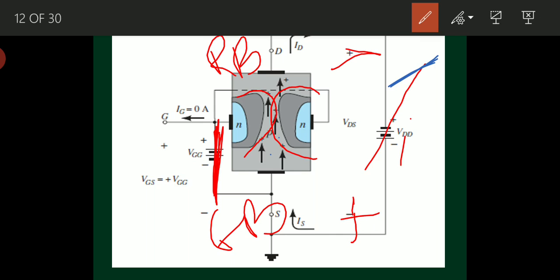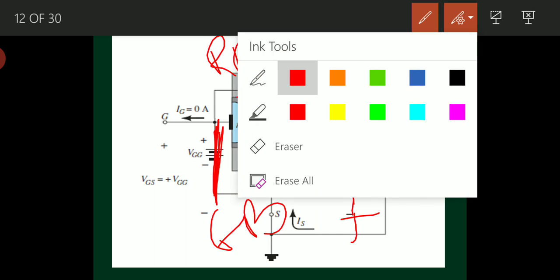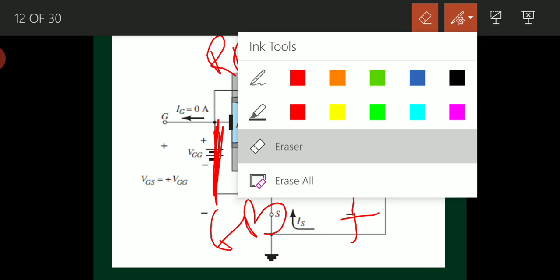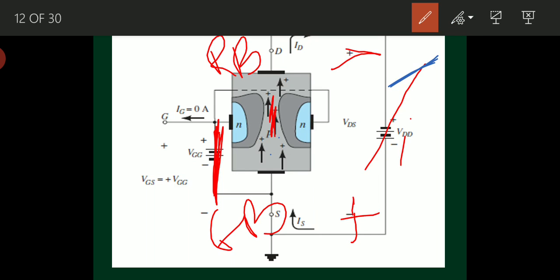The space here becomes narrow. They want to touch each other, but they can't touch. There is still a little space for charge carriers to move from the source terminal to the drain terminal.